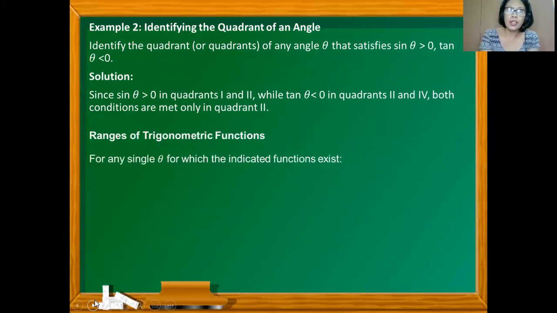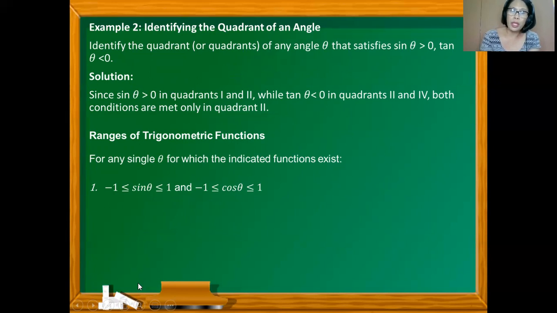Now, the ranges of trigonometric function values for any single theta for which the indicated function exists. Take note that sine theta is less than or equal to 1, but greater than or equal to negative 1, and cosine theta as well.